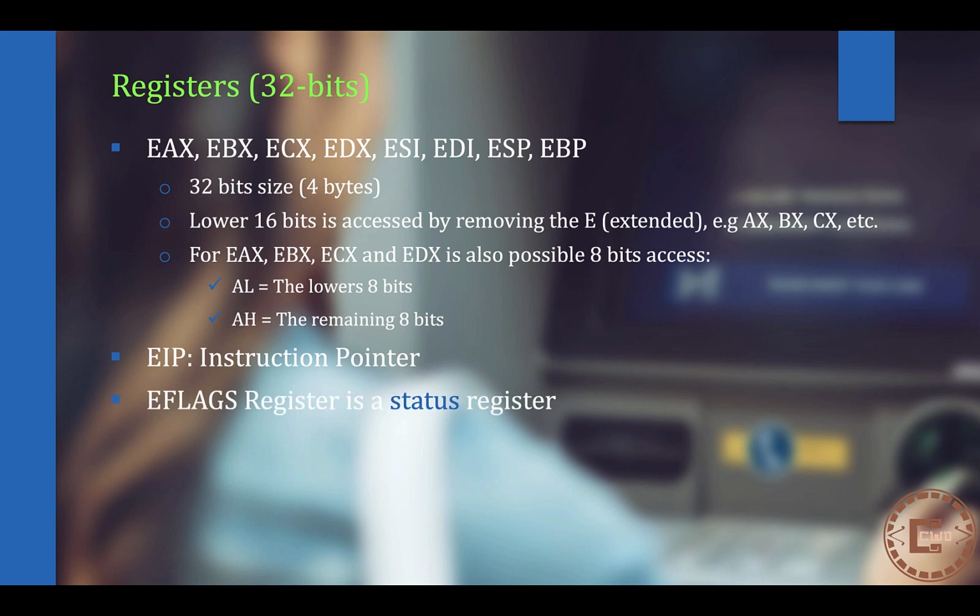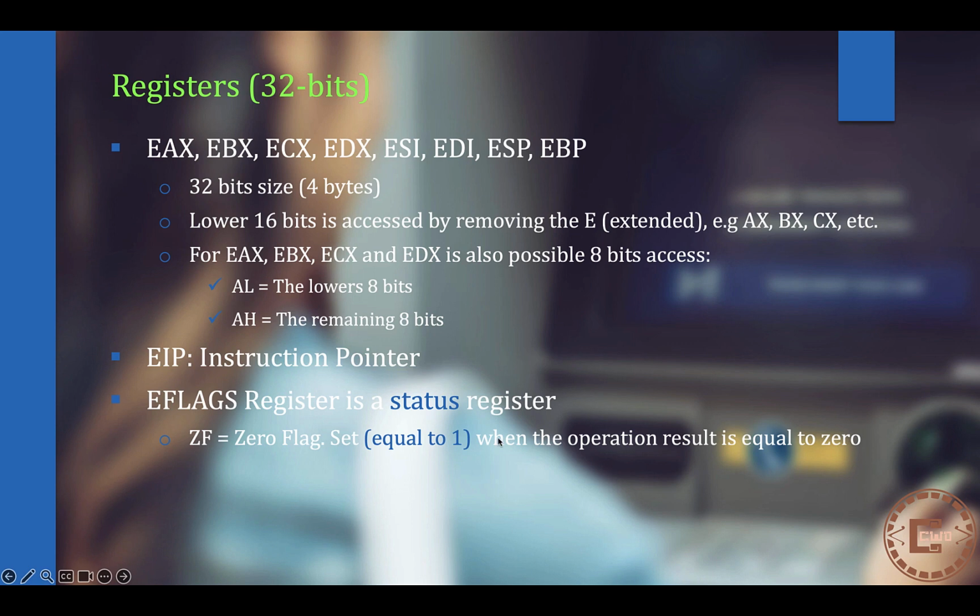Then you have EFLAGS. EFLAGS means that in the CPU you have a status register. Let's see an example. A very common one is the zero flag. If you do an operation and the result is 0 or not 0, this flag is going to be set. For example, if the result is equal to 0, the zero flag is set to 1.